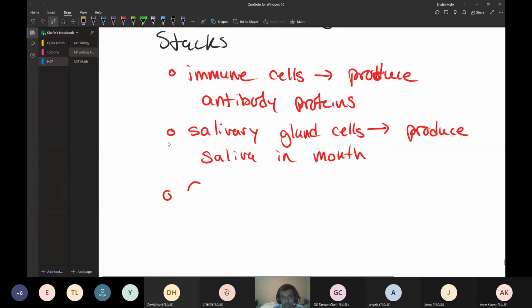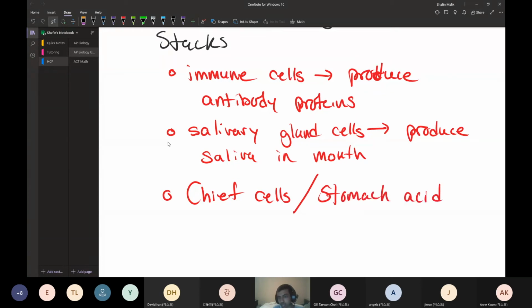And then the third one is chief cells, or stomach acid cells, which produce acid resistant proteins.